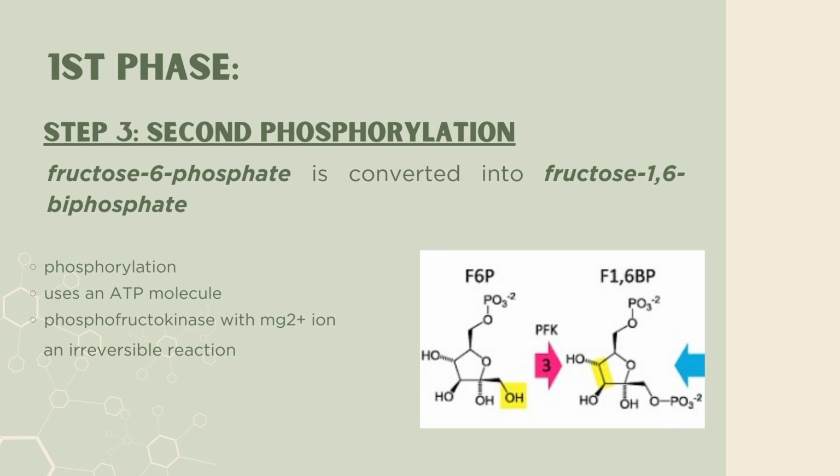Similar to step 1, the phosphate comes from an ATP molecule, which loses a phosphate group and transforms into ADP with the help of the enzyme phosphofructokinase, which catalyzes the reaction, and the magnesium 2+ ion. With the reaction's delta G value, it is said to be irreversible.